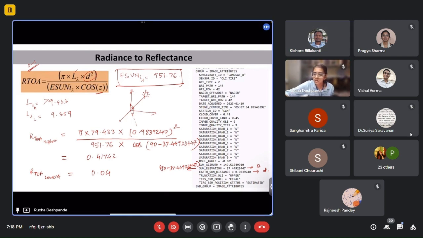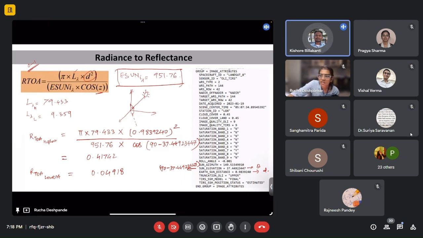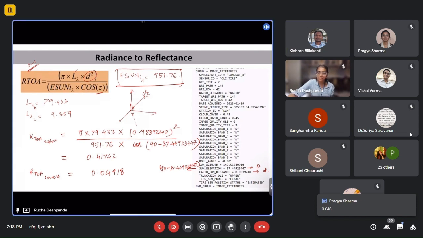Is someone's mic on? Yes, sorry. Is anyone getting this value? I'm facing difficulty with the cos value. So we have to use the scientific calculator for sure, even for the examination, for the trigonometric functions? I'm not sure about the examination, but it should be allowed.